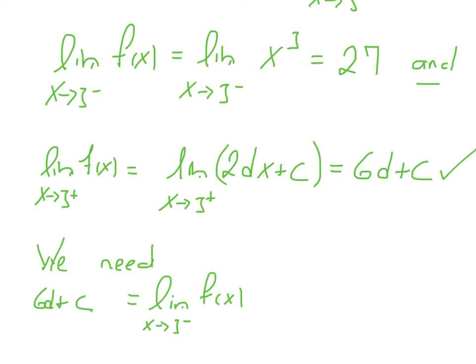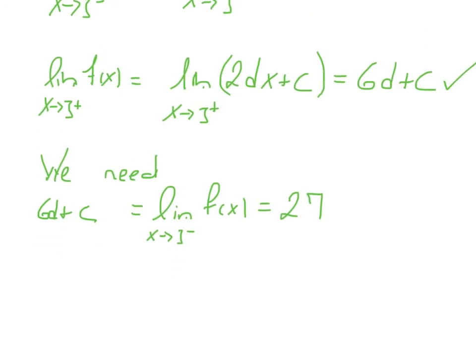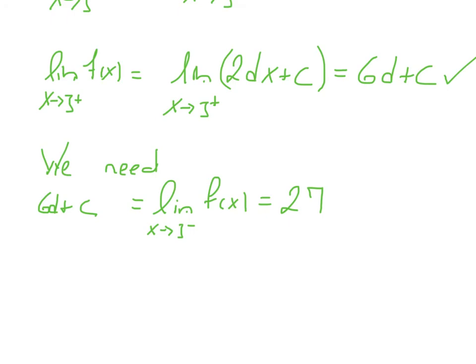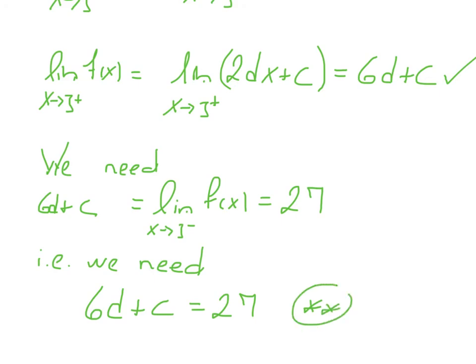What the left hand limit actually equals is 27, so we need 6d plus c, the left hand limit, to equal 27. That's what we need for f to be continuous at 3.